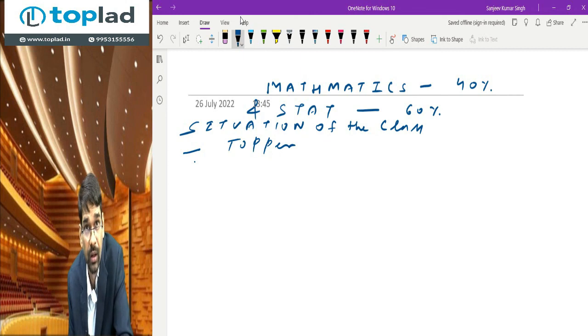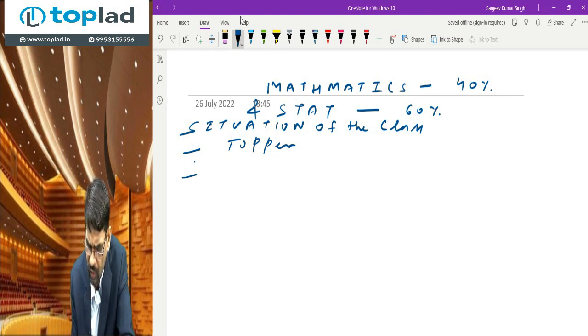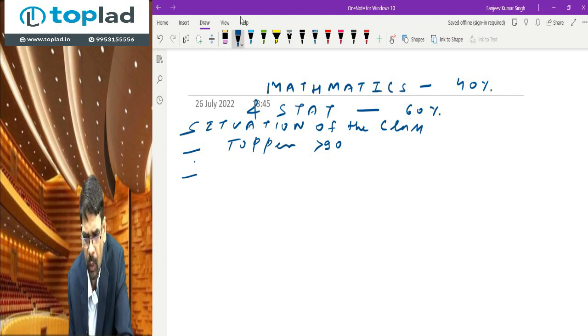Some of the students are toppers, you can say 90 above. And some of the students, about the knowledge of the subject after passing the 12th examination, are like 50-50%.